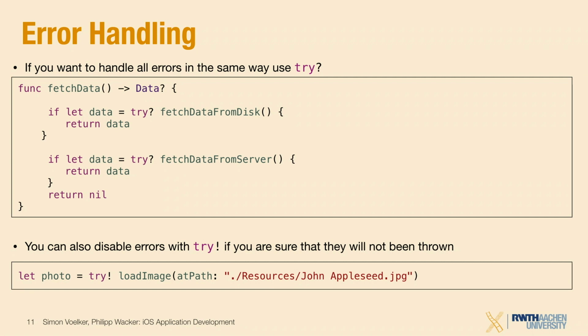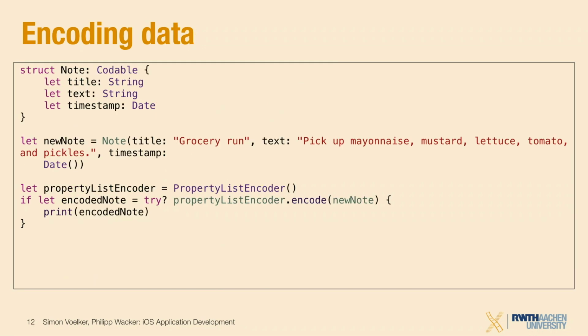However, you see that a lot when people are loading an image from the bundle and they say, okay, I don't care about the return because it would never be called. I'm really, really certain that this will be followed, so you can do the force try, and then you can get through these compiler errors that say, okay, you have to do the try environment. So this is working around these issues.